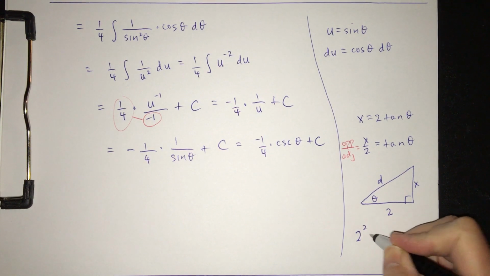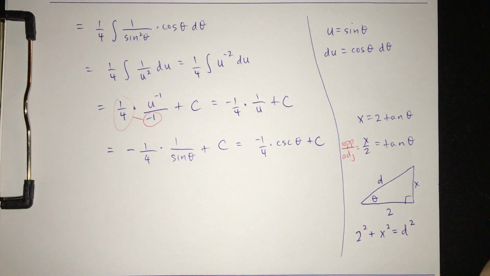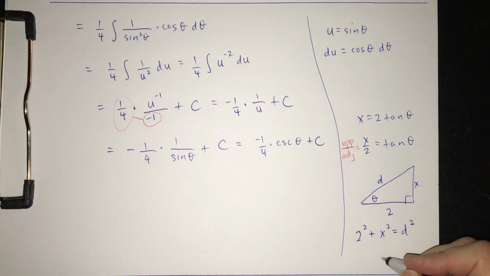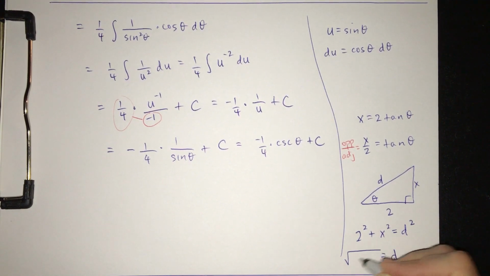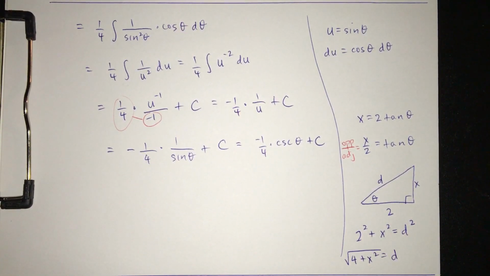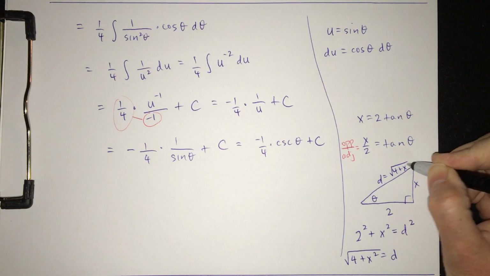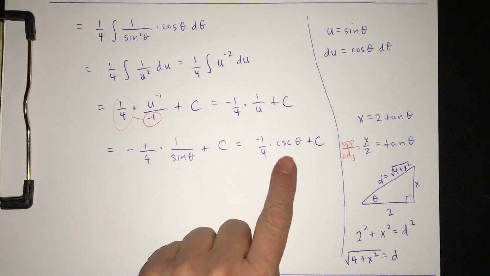Let's see, 2 squared plus x squared equals d squared. So D will be the square root of 4 plus x squared. And so let me write that in here, the square root of 4 plus x squared. And I have cosecant theta.